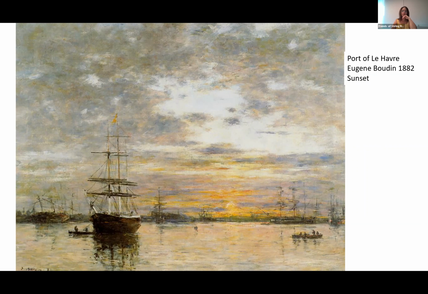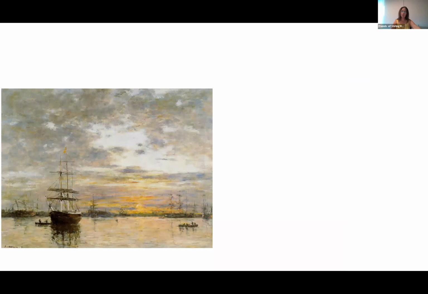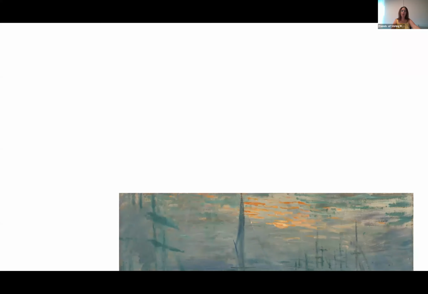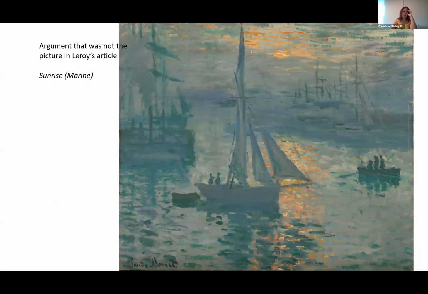When we see this painting by Eugène Baudin, this is a sunset, and it's a little more similar in the way that it's painted to the one that Monet made, and probably it's not a sunrise, probably it's a sunset. Also, when we see this one by Monet, some scholars think that this is the painting that was shown and that the one that Leroy was referring to, because this is called also sunrise.